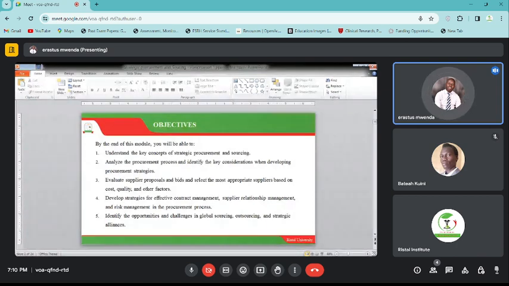Other reasons why this understanding of strategic procurement and sourcing is important: you will be able to have quality and reliable products. And also, through proper understanding of strategic procurement and sourcing, you will be able to have very good collaboration between your organization and various suppliers.